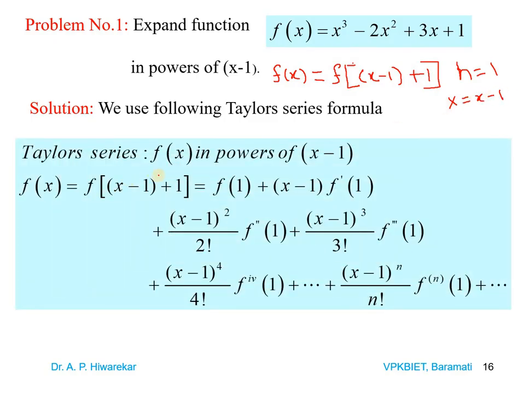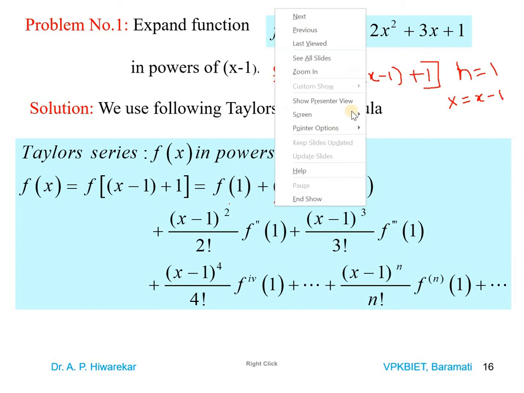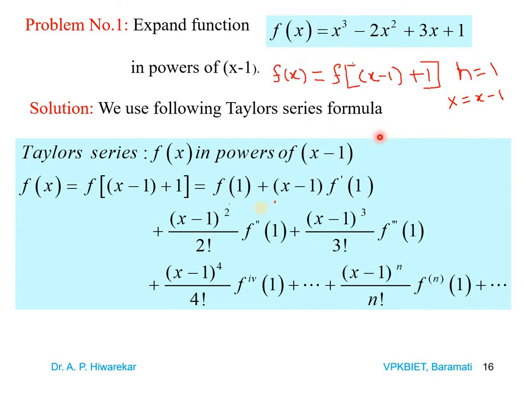And formula number 1 we use. So f of x is equal to f of x in terms of x minus 1. That is f of 1 plus (x minus 1) into f dash of 1 plus (x minus 1) square divided by 2 factorial into f double dash of 1 plus (x minus 1) cube divided by 3 factorial into f triple dash of 1 plus (x minus 1) to the power 4 divided by 4 factorial into f4 dash at 1 and so on.